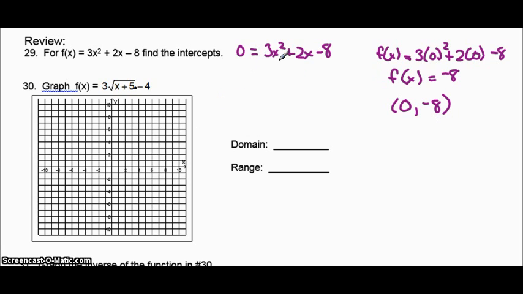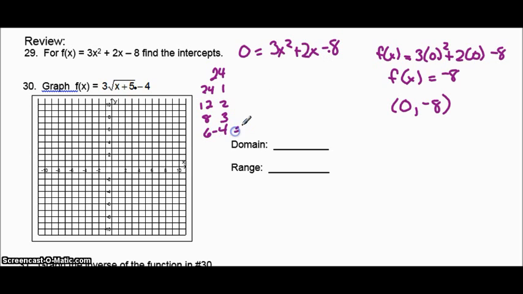Alright, so to solve here, we want to try and factor. We do 3 times 8 is 24, which is 24 and 1, 12 and 2, 8 and 3, 6 and 4. We're going to subtract, and we're looking for 2, and behold, I have found it. So that'd be 3x squared plus 6x minus 4x minus 8.